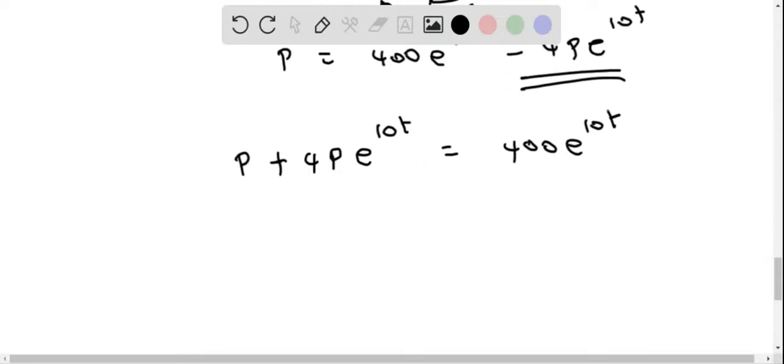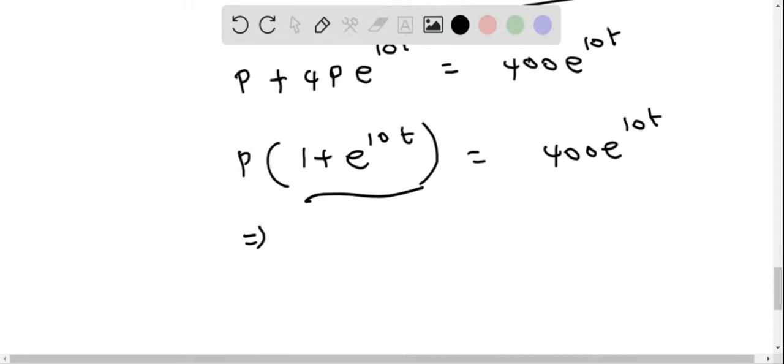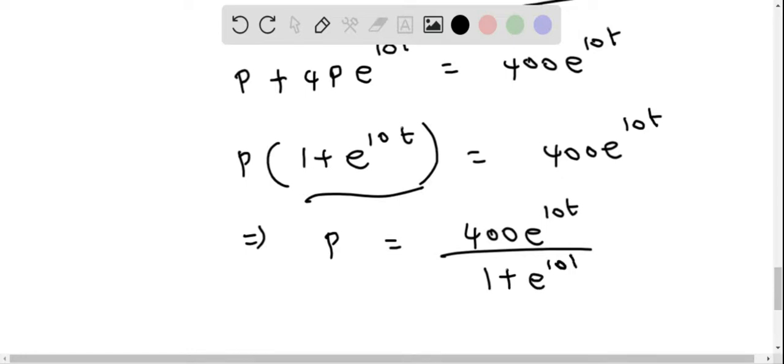We factor p from the left side expression, and this reduces to 1 plus 4 e power 10t. This equals 400 e power 10t. Now we solve for p by dividing by this expression. So we get p equals 400 e power 10t over 1 plus e power 10t.